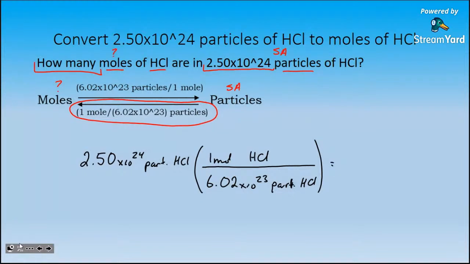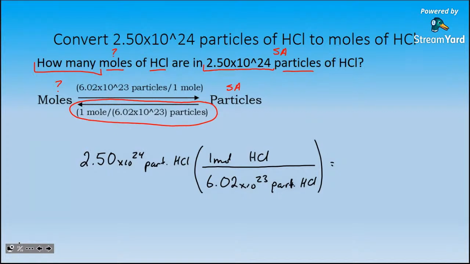And now when we work this problem, this is where using parentheses is very important, or making sure that you're using that exponent key. And in this, the two different ways to work it. The first way is to do open parentheses, 2.50 times 10 to the 24th, close parentheses, times 1, divide by open parentheses, 6.02 times 10 to the 23rd, close parentheses, and hit enter.